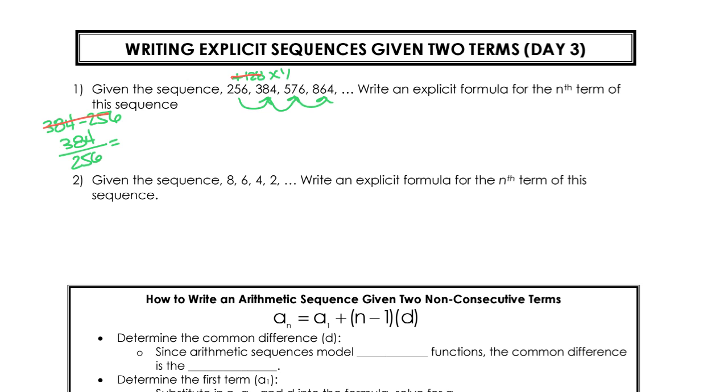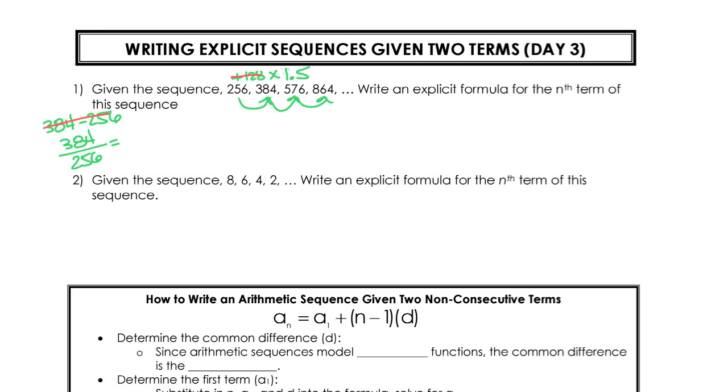What if we multiply by 1.5? Let's see if that works all the way through. So 256 times 1.5 is 384, times 1.5 is 576, times 1.5 is 864. Okay, so we figured it out.